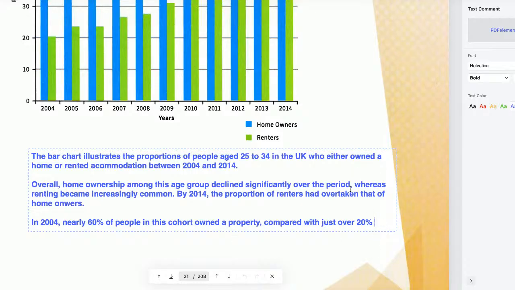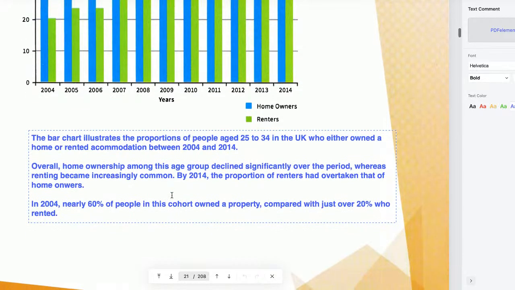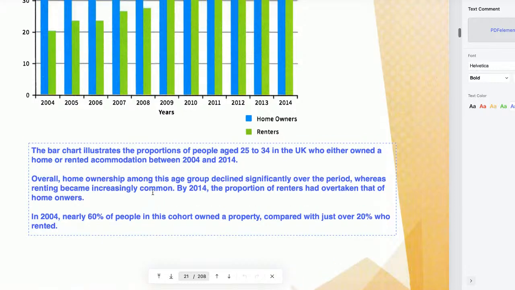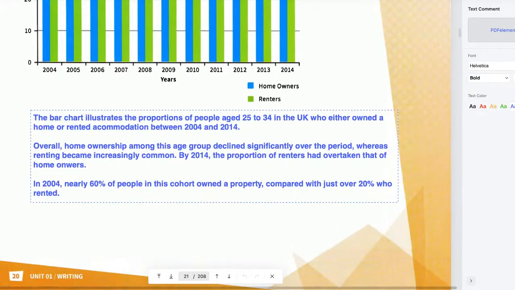Who rented? This is still the past, right? Compared with just over 20% who rented. So we finished the first year, okay?